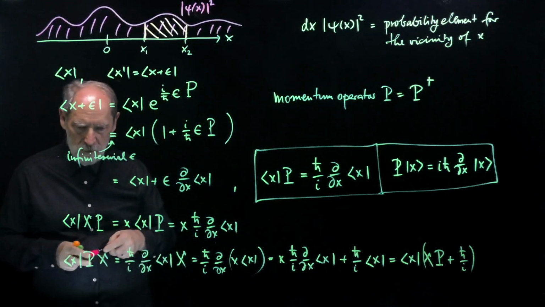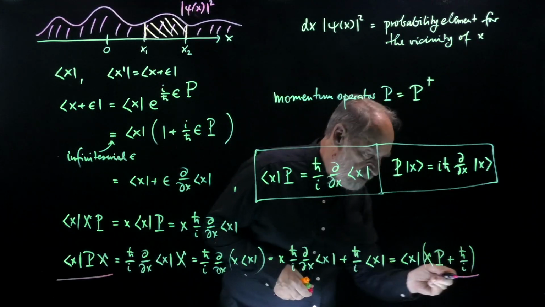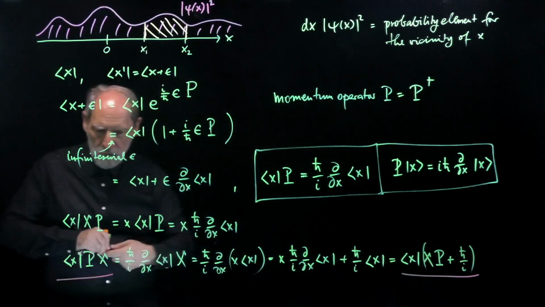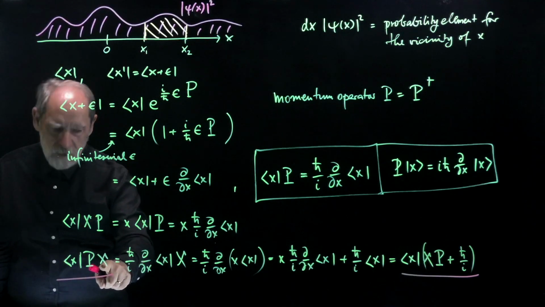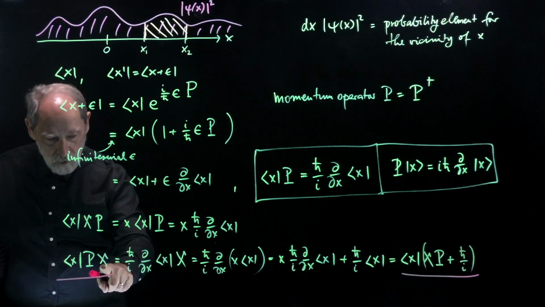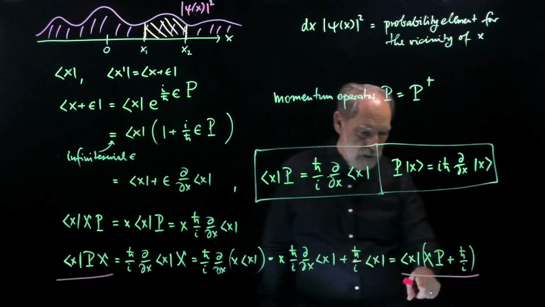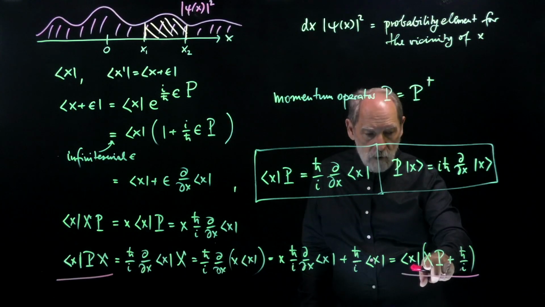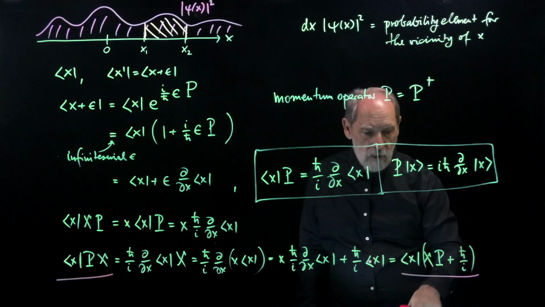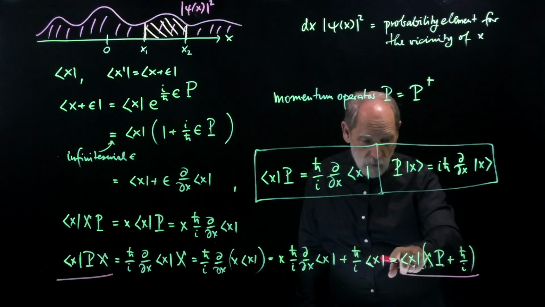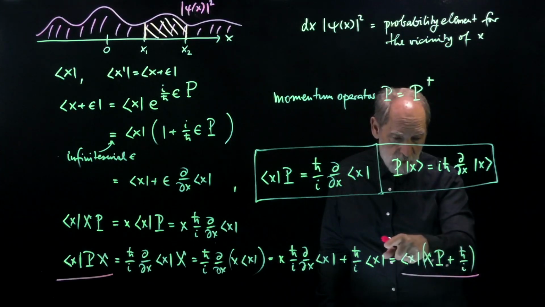So this is equal to this expression. So here we apply the momentum operator to the position bra, then we apply the position operator to what we get from applying the momentum operator. Here we apply the position operator to the position bra, and then we apply the momentum operator to what we get from applying the position operator. And then there's an extra term where we just apply the identity.